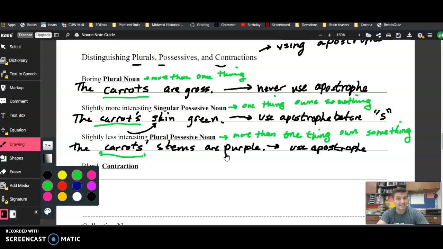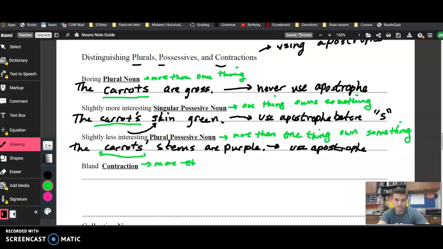Last but not least, we need to talk about this bland contraction. Remember, a contraction means two words cut together.